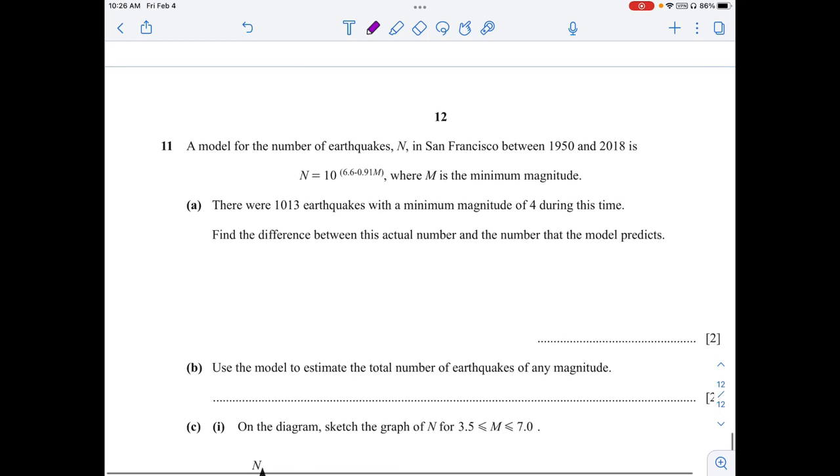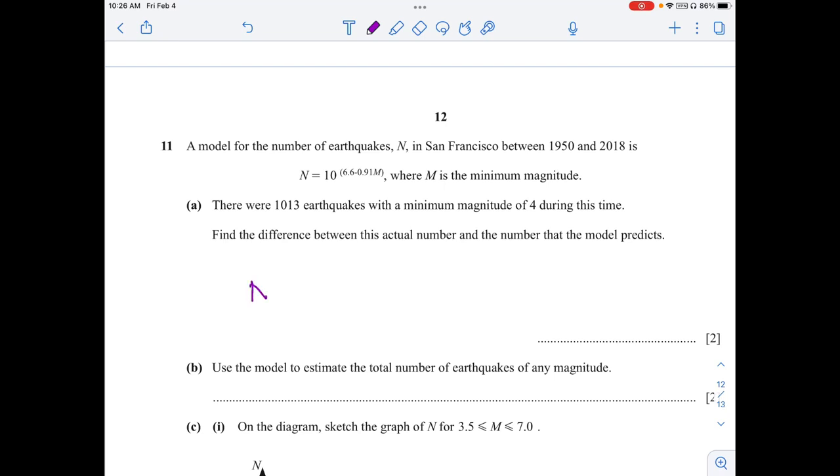Now coming to question number 11. A model for the number of earthquakes in San Francisco between 1950 and 2018 is given like this, and another model where M is the magnitude and N is the number of earthquakes. There are 1013 earthquakes with a magnitude of 4. Find the difference between this actual number and the number the model predicted.